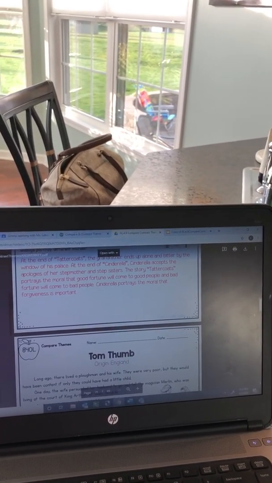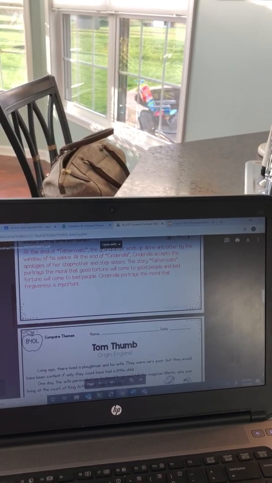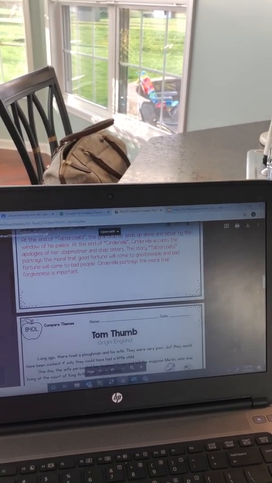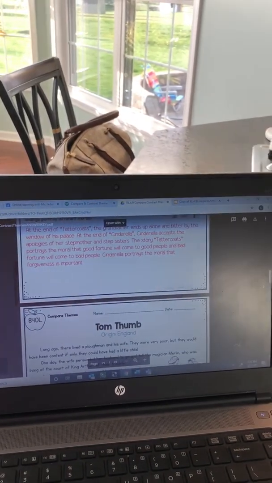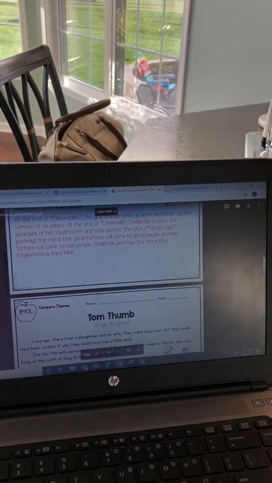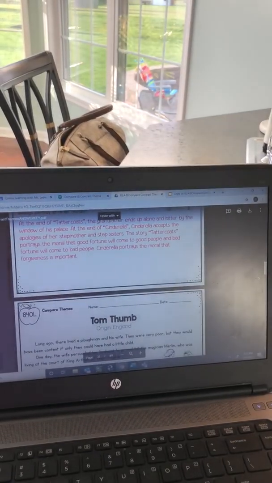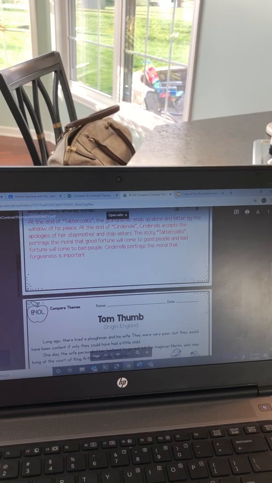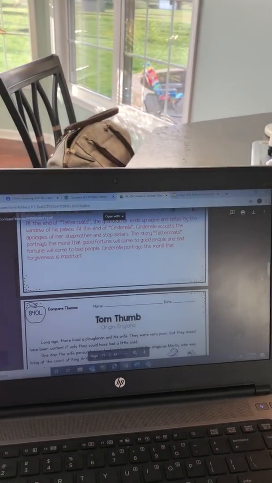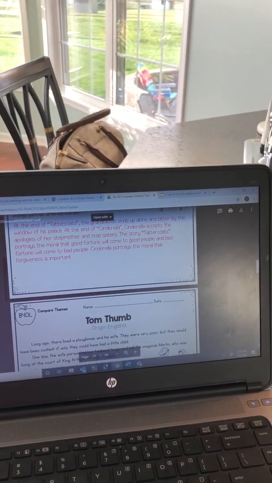For your last two passages, you're going to be reading Tom Thumb and Issun Boshi, and you're going to be comparing the themes within those stories. Take your time today to finish up those responses. Remember, tomorrow we won't have any new material.